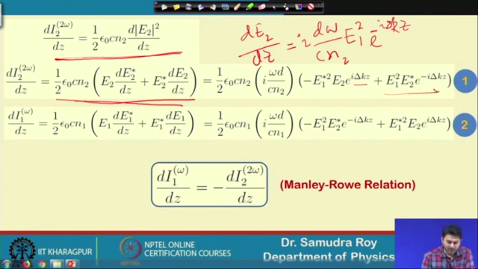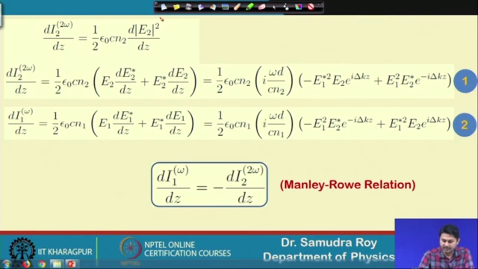So, now if I put these two terms side by side, this is equation 1 and this is equation 2, we find that these two terms are related to each other with a negative sign. So, d I2 is I epsilon 0 c n 2, and this n 2 will cancel out here, this n 1 cancels out.